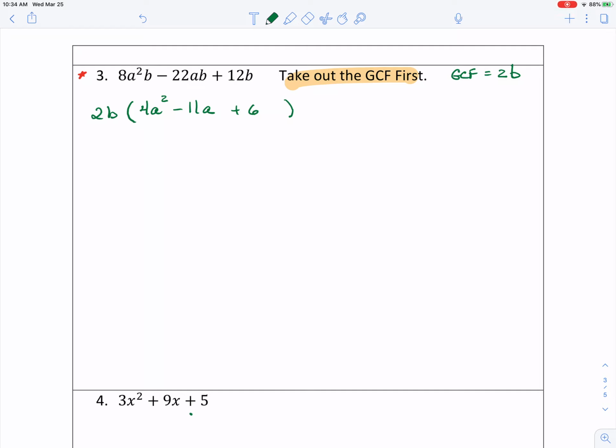All right, so again, the lead coefficient here is not 1. It's a different number. So I'm going to run over here and create a little chart. At the top of the chart, I'm going to put positive 4 times positive 6, and that's going to give me positive 24. And that positive tells me that the 2 signs are going to be alike.